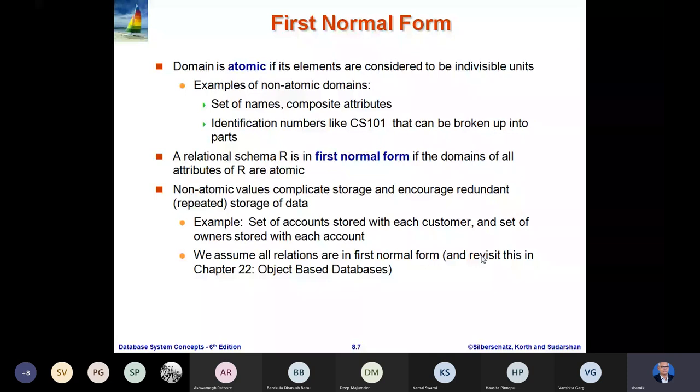So in some sense this is not atomic, but in another sense it is atomic, meaning the roll number itself is the full thing. If you try to interpret the first two digits as year of admission and the next two characters as your department, then it is absolutely not atomic.